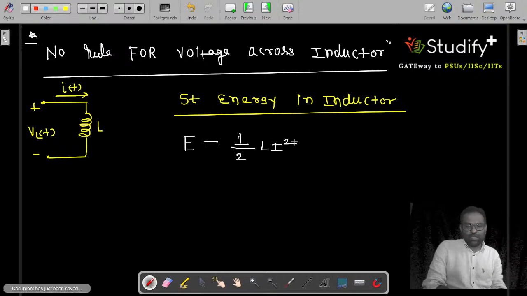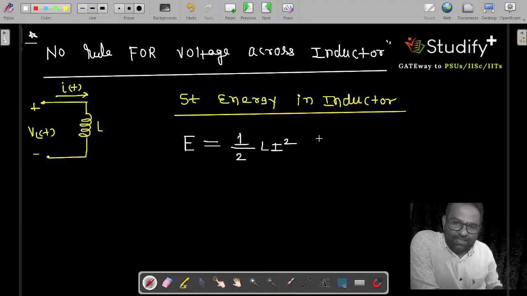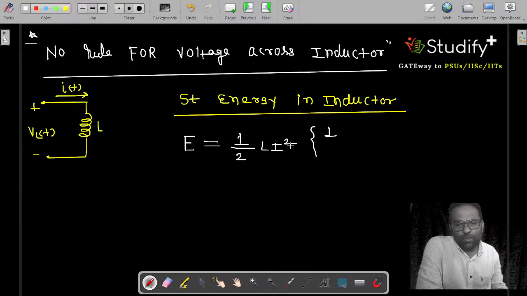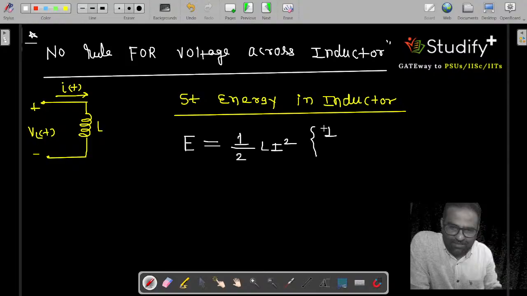Correct? This is the stored energy in the inductor. So can we say the inductor stores the energy in the form of current? Because it is only dependent on what? Current.